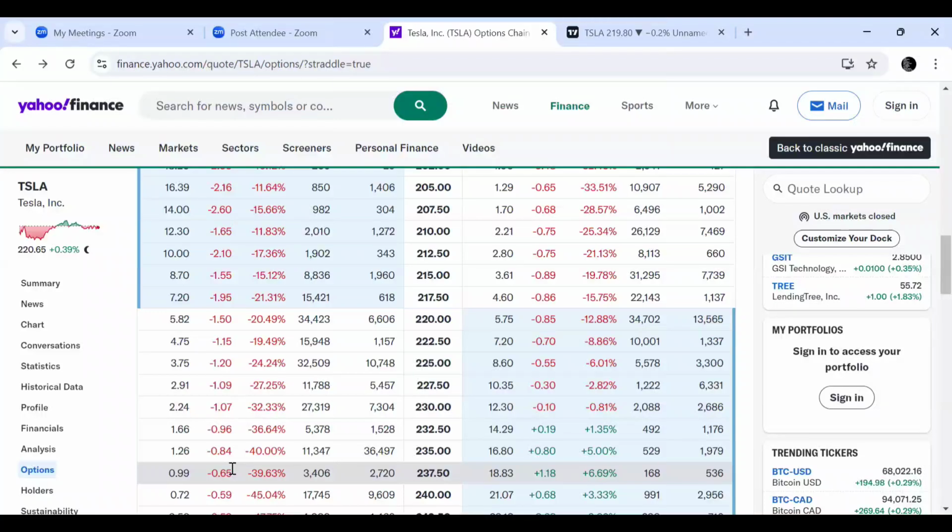If you are selecting a stock with good fundamentals, I mean a good company, then even though the share price is falling in the short term, it will definitely rise in the long term. That's what this second rule is telling.